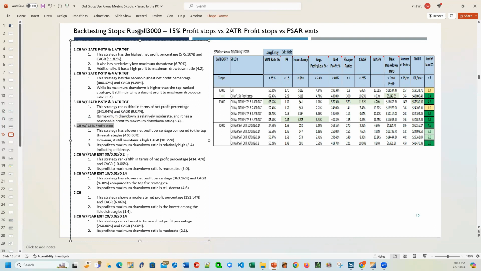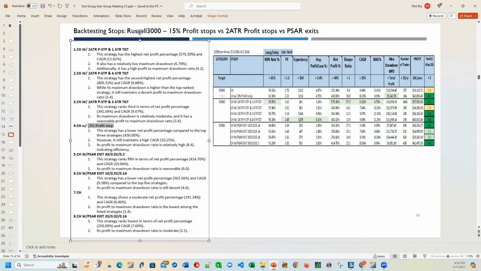So the PSAR exits didn't do as well for these more volatile symbols. And then the pure channeling was here, without the target stops. So it looks like using an ATR target exit is also something to consider.